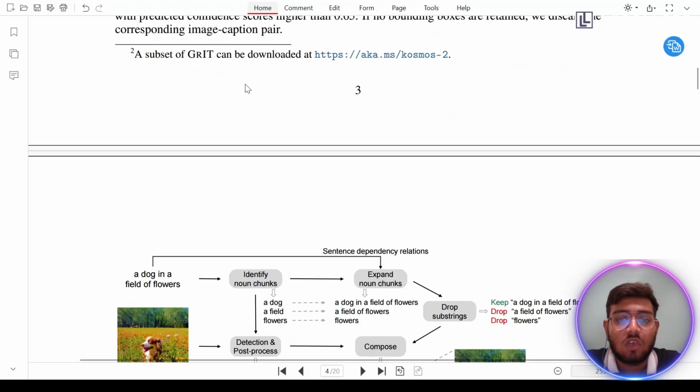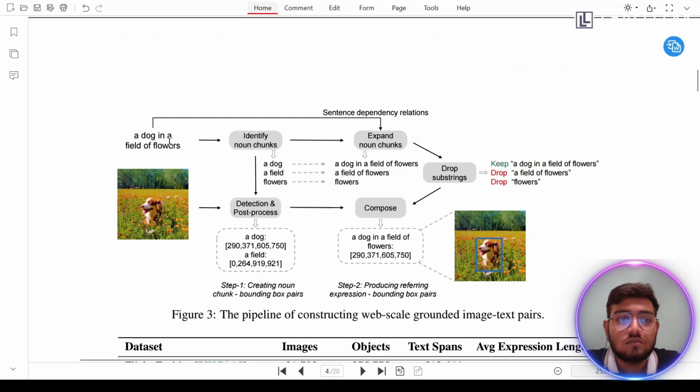So let's see, this is the image and this is the description of the image, a dog in a field of flowers. As you can see, it understands the dog, field and flower parts, which are nouns, and understands the relation between them. It also composes the bounding boxes for them.